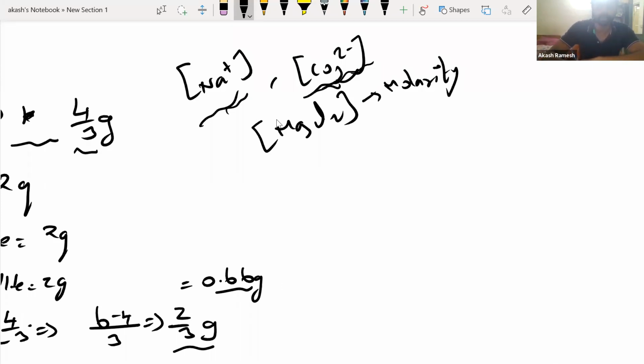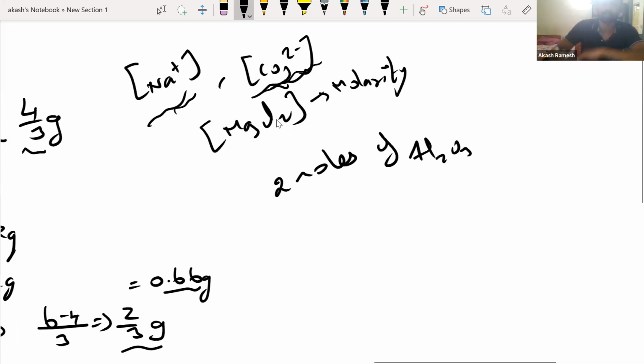Say I tell you I have 2 moles of Al2O3, and I ask you, what is the number of moles of aluminium, and what is the number of moles of oxygen?